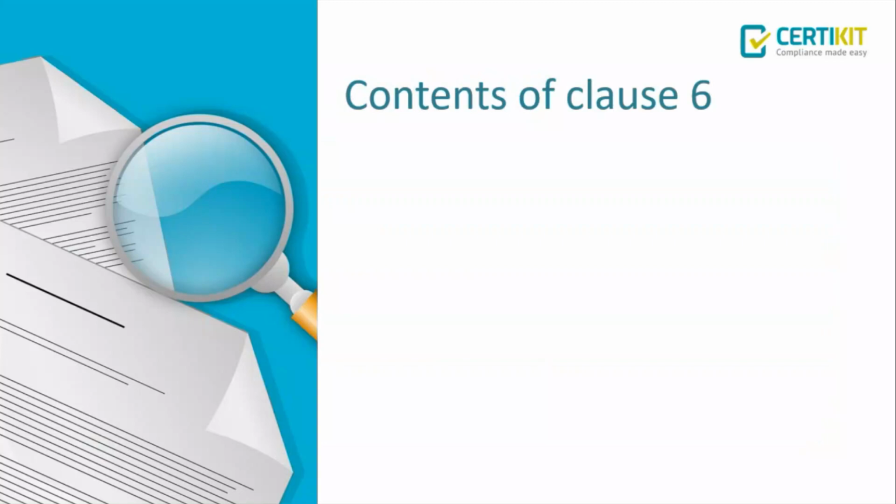So Clause 6. There are three main subclauses that you see generically in Clause 6. And as I alluded to just now, some of the standards have an extra one or an extra two.